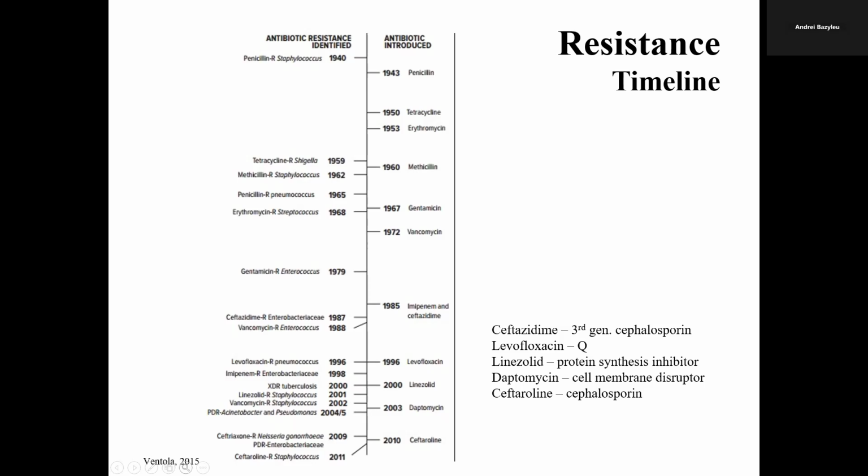So the drug is not even on the shelves yet. People already know about its existence, the scientists know that it's in the making, but the antibiotic resistance reports are already there before the drug even ended up on the shelves. That's just the worst case scenario, right? You're working towards something that bacteria are already resistant to.